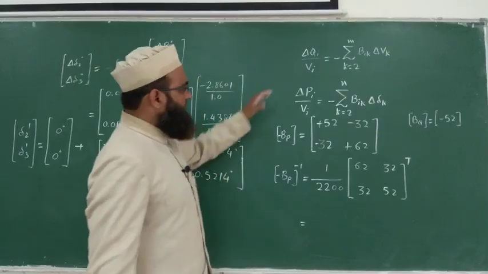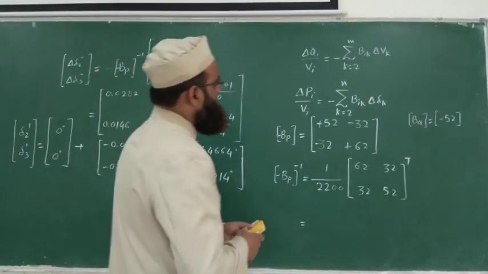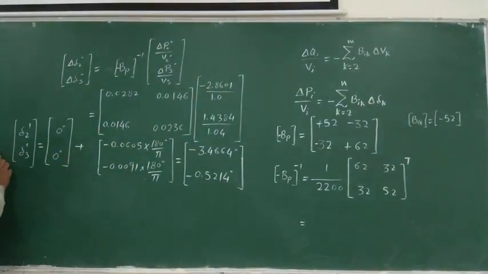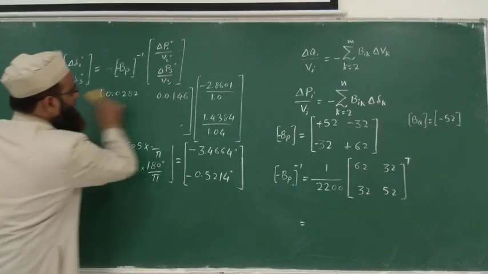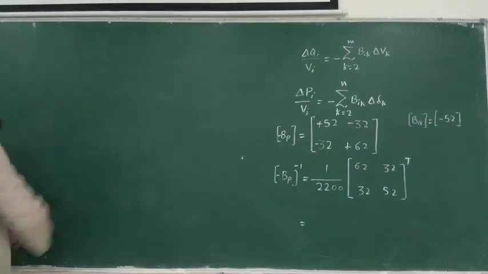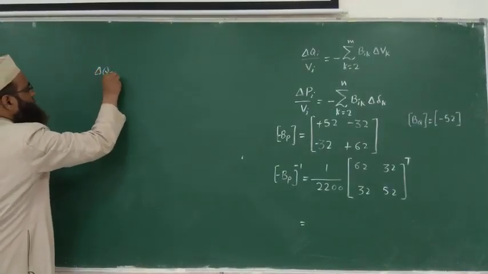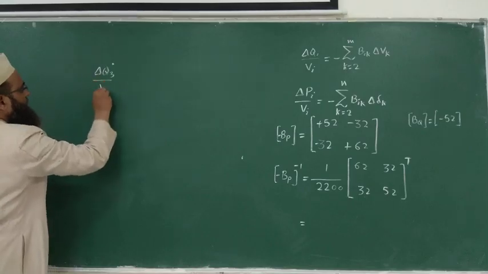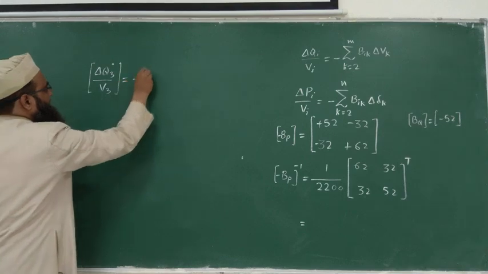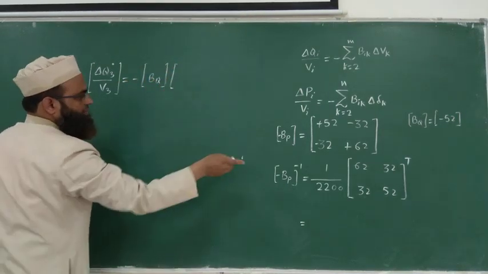So you have not yet evaluated V3, but you have the relation of V3 as, have you noted down this? Okay. So for V3, we need to use the relation of del Q3 0 upon V3 is equal to minus BQ times, what was that?